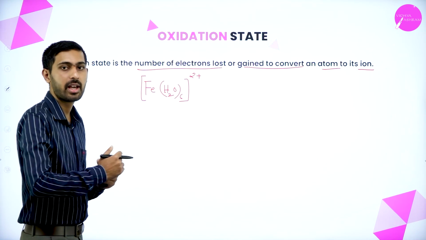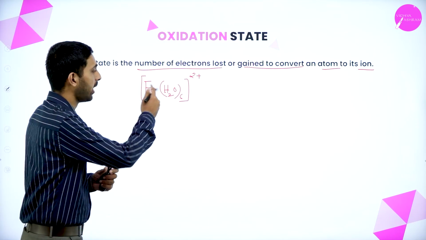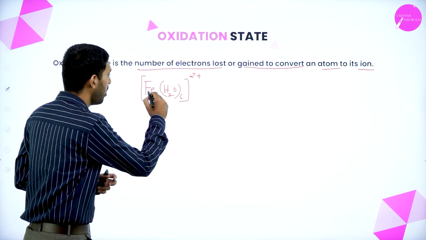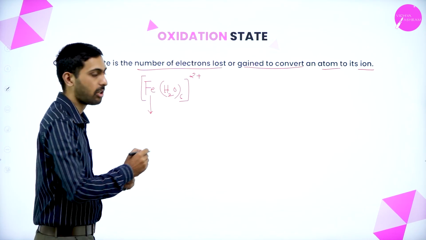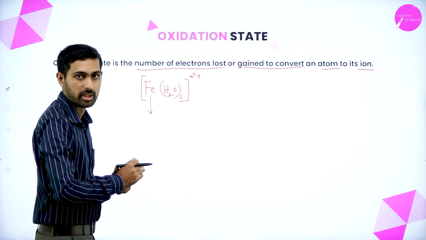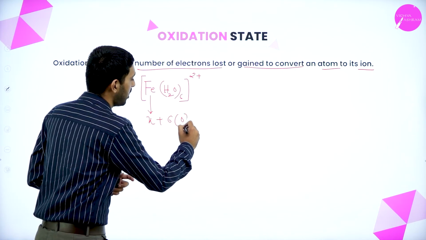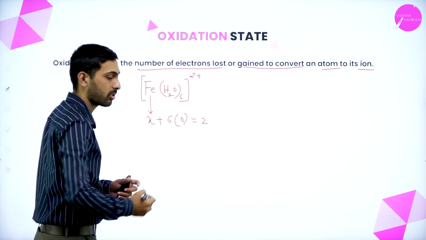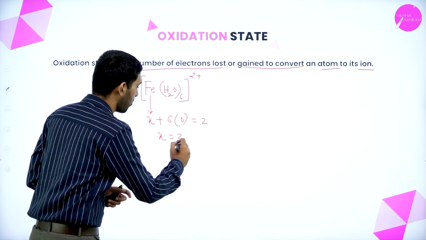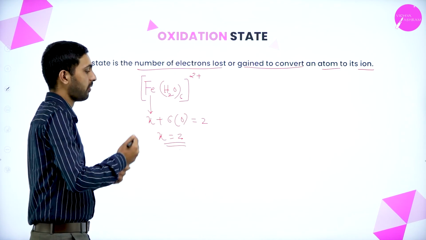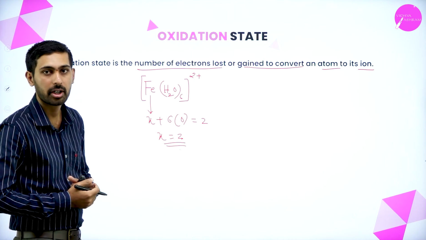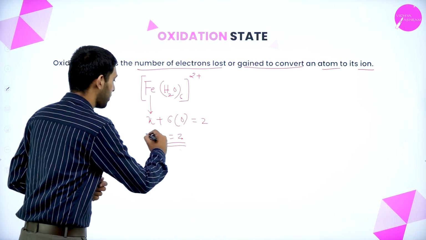Now let us calculate the oxidation state of iron in this complex. So I take x plus 6 times 0 is equal to 2. So x is equal to 2. So the oxidation state of iron in the hexaaqua ferrate 2 complex is plus 2.